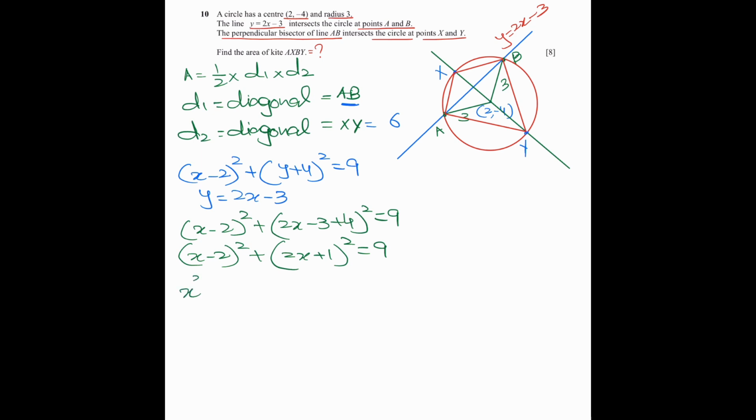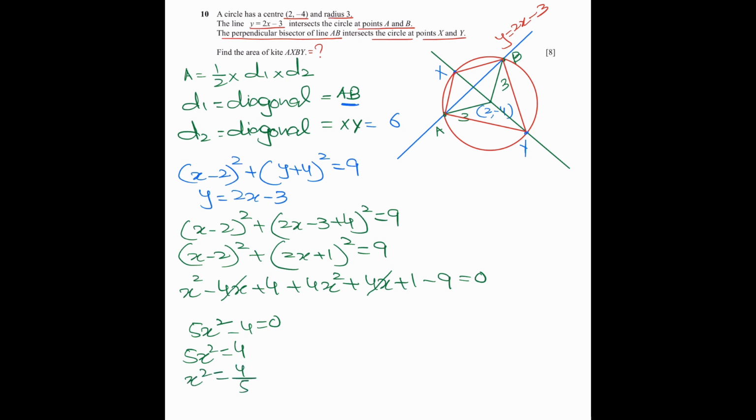Expand the brackets: x square minus 4x plus 4 plus 4x square plus 4x plus 1 minus 9 equals 0. So we have 5x square, and minus 4x plus 4x cancel. 4 plus 1 is 5, minus 9 is minus 4, equals 0. Then we have 5x square equals 4, x square equals 4 over 5. By taking the square root, x equals plus or minus 2 over root 5.